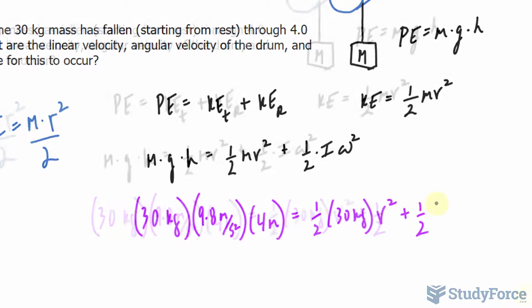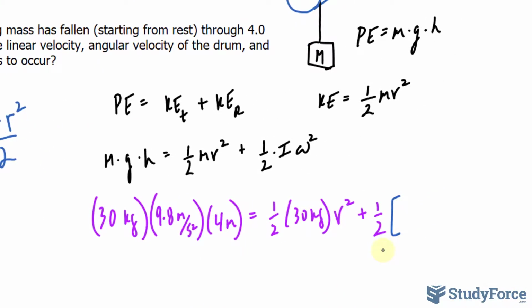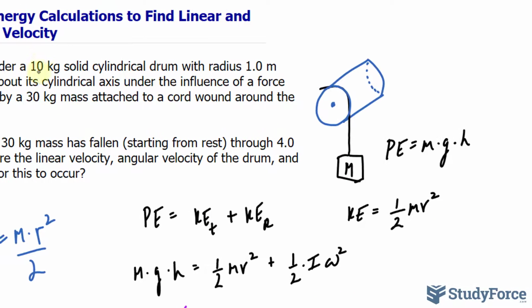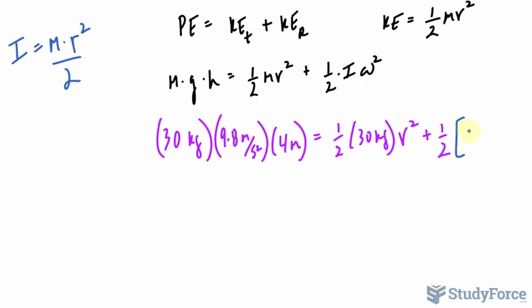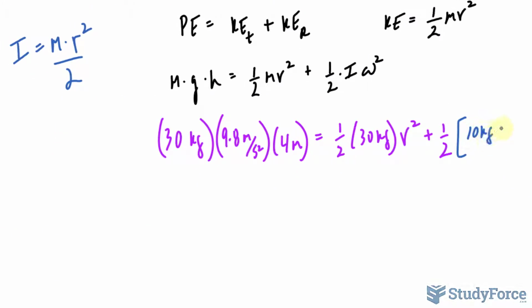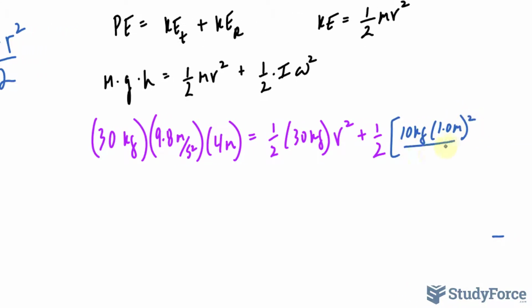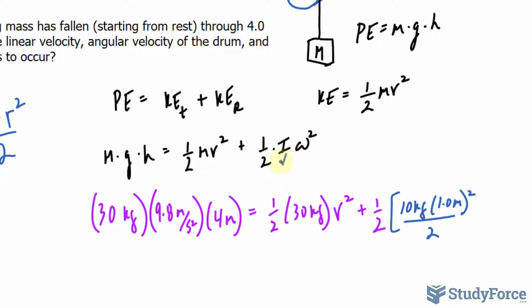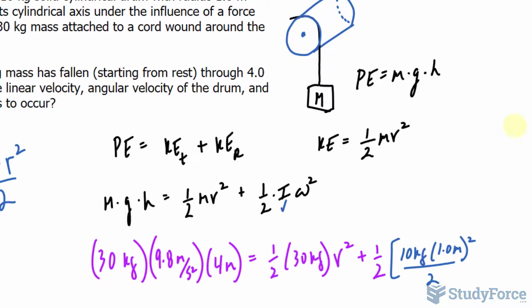Substituting this expression and its values, the mass of the drum is given here as 10 kilograms. So 10 kg, the radius is 1.0 meters to the power of 2, divided by 2. So that's I. And this represents the angular velocity. The angular velocity is what we're looking for, so I'll leave it the way it is, raised to the power of 2.